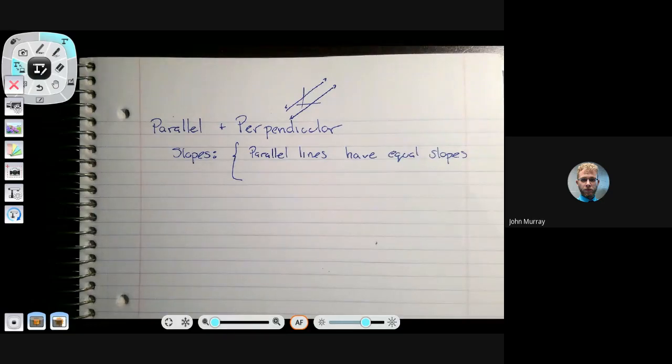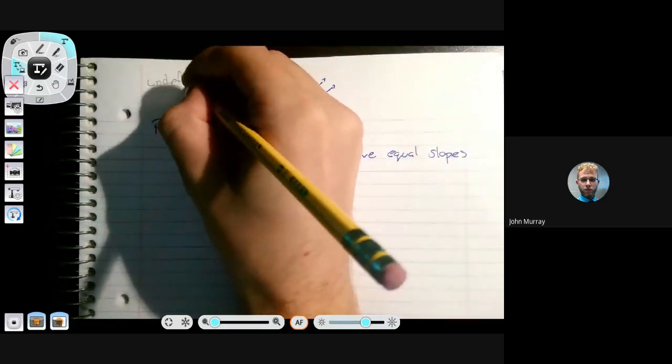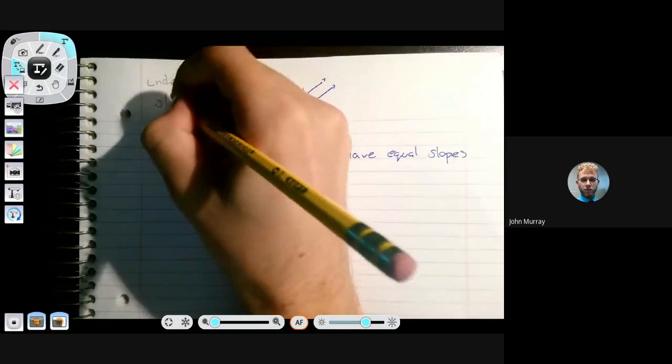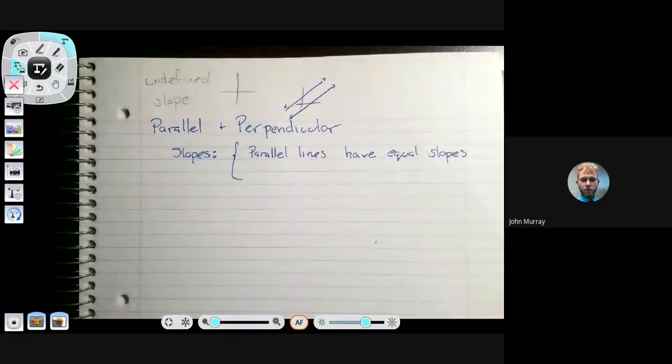That's real quick. What would it mean if I had an undefined slope? What would my line look like then? What kind of line would I have if my slope was undefined?